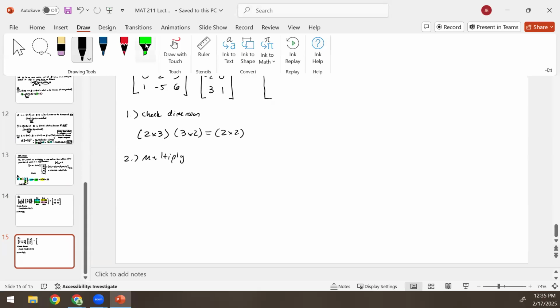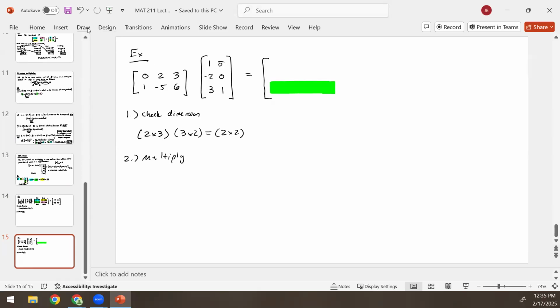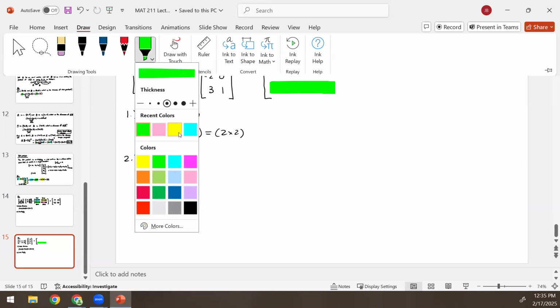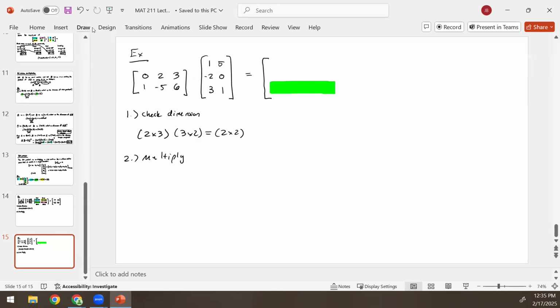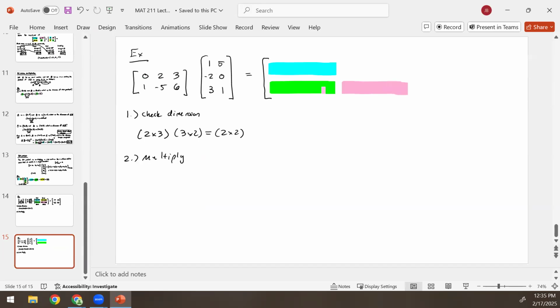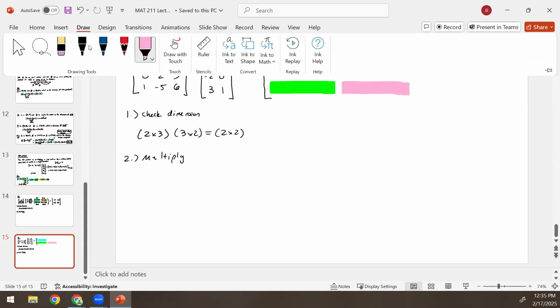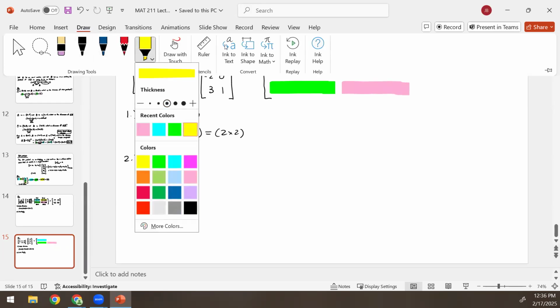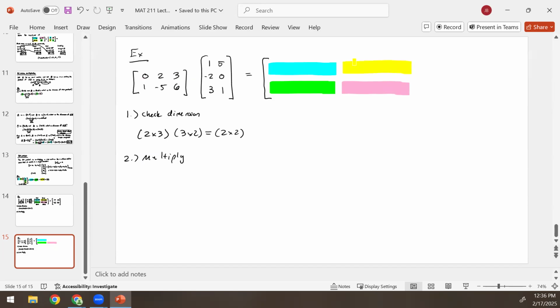Now this is going to be longer, so let me color coordinate this like that. And then we need blue up here, and lavender down here, and yellow up here. Okay.